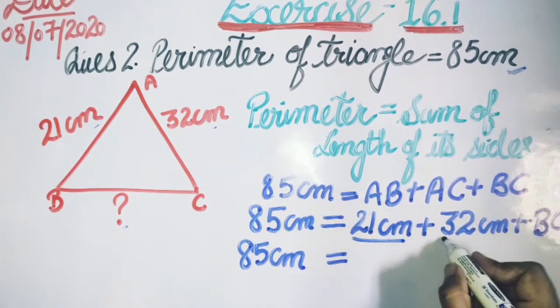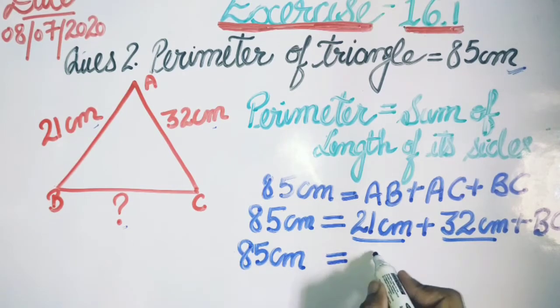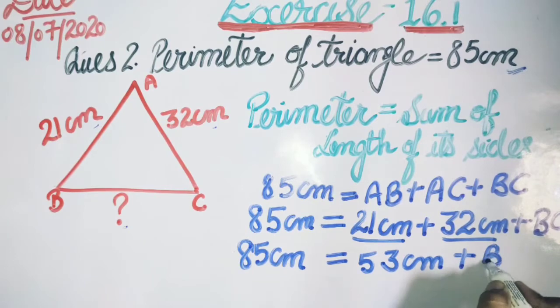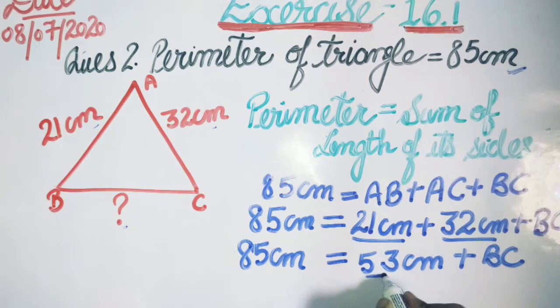Now we will add the values of the sides which are given to us. 21 centimeter plus 32 centimeter will be 53 centimeter. Now, remember students, if any value is there in plus, when we shift it to the other side, it will be converted into minus.